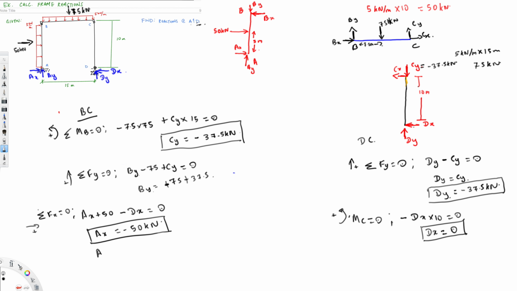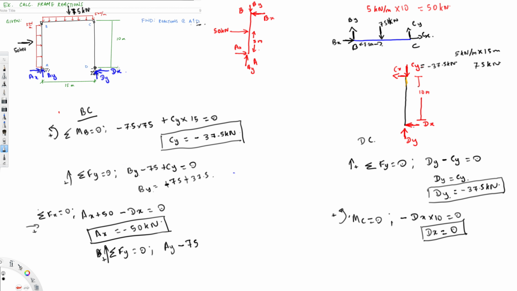We have to find Ay. To find Ay, I can use summation of Fy equal to 0, and if I take upper direction positive, I will get Ay positive and 75 negative because it's acting downward, minus 75.